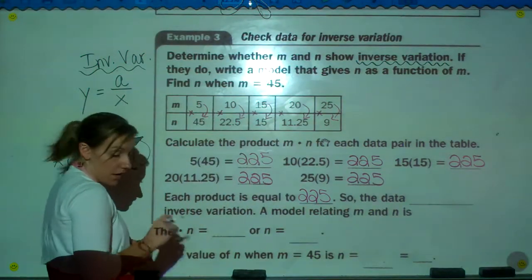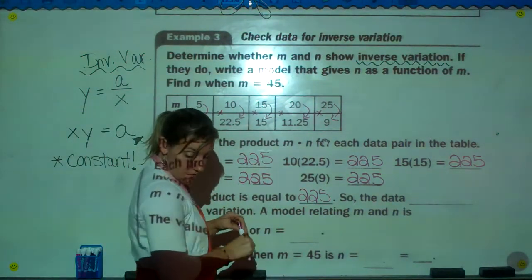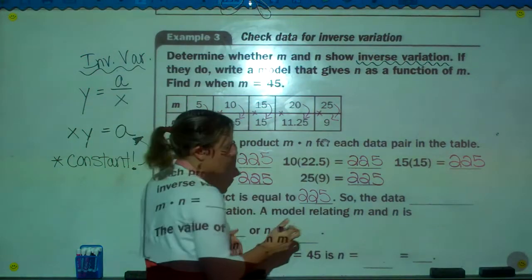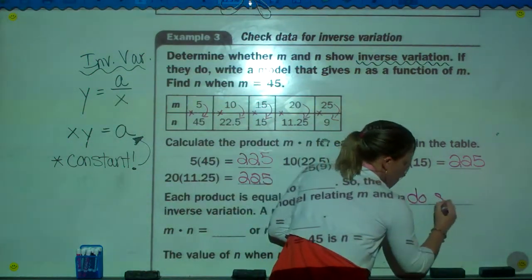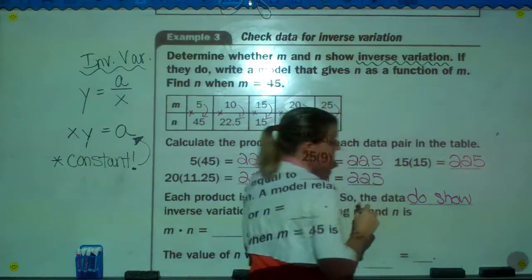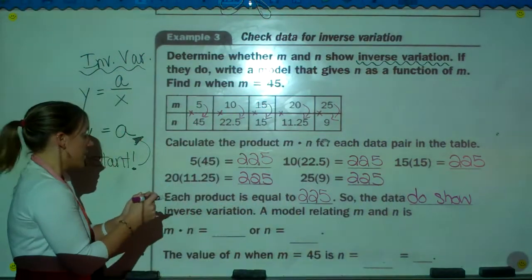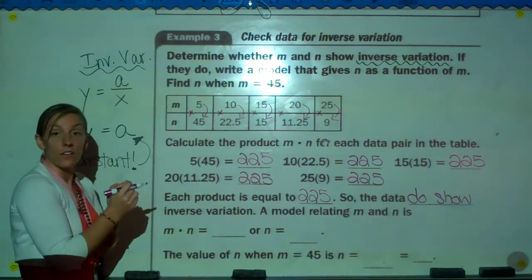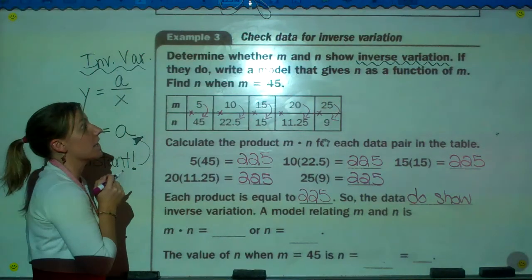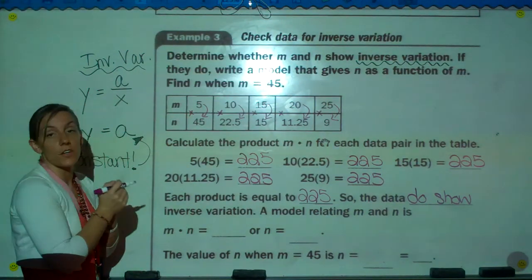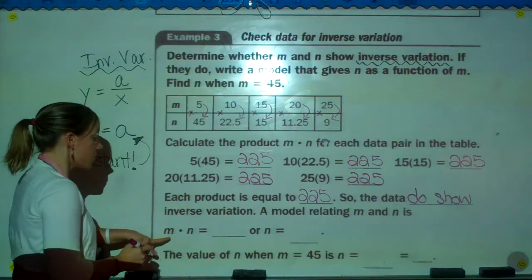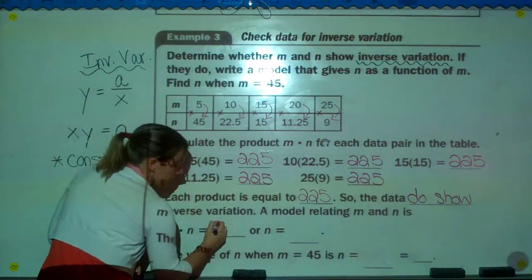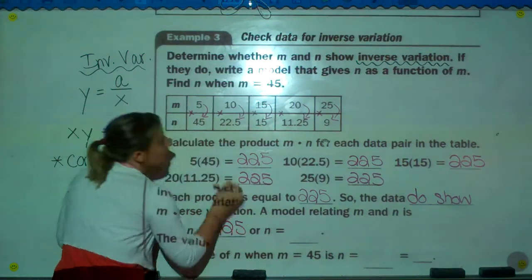So the data does, okay, they use the phrase do show. So it does show an inverse variation. Okay, determine whether it shows, yes it shows. So m times n is 225.